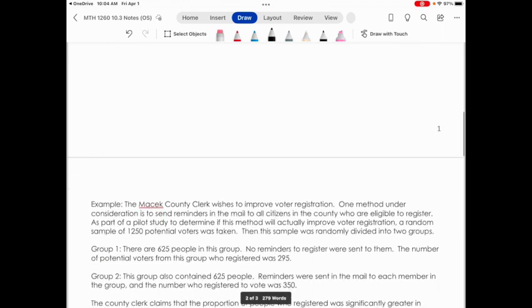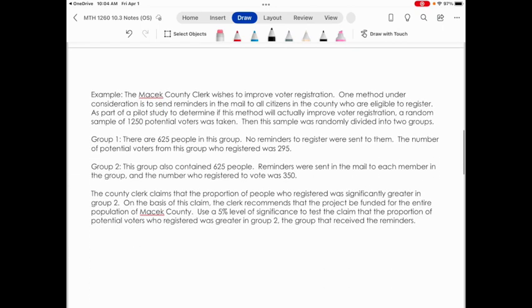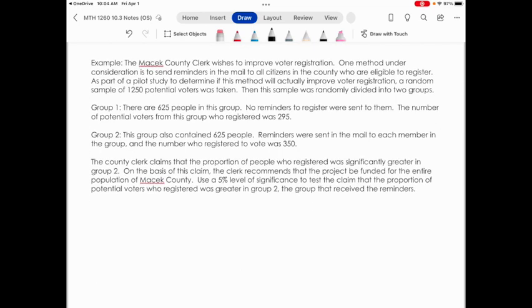Okay, let's go through the first example. It says that the McKean County Clerk wishes to improve voter registration. One method under consideration is to send reminders in the mail to all citizens in the county who are eligible to register. As part of a pilot study to determine if this method will actually improve voter registration, a random sample of 1,250 potential voters was taken.